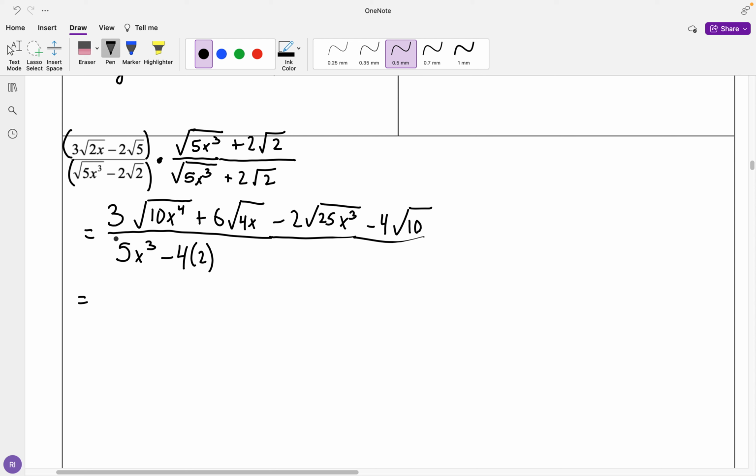Okay. Let's clean this up a bit. 3x squared plus 12 minus 10x.